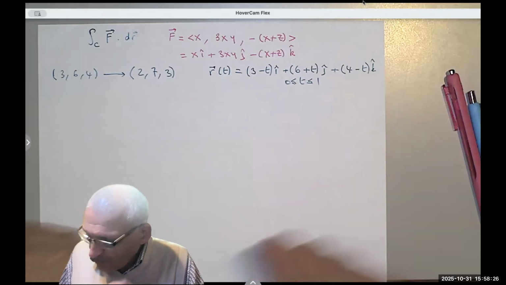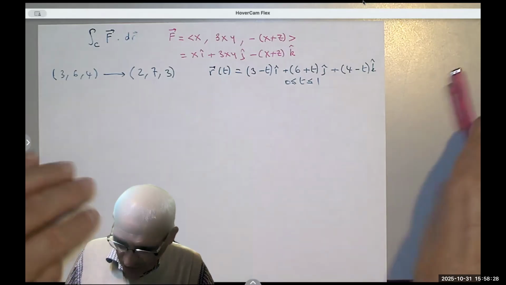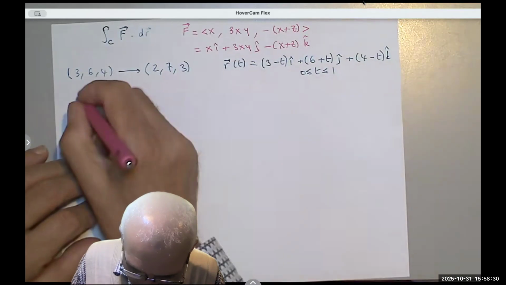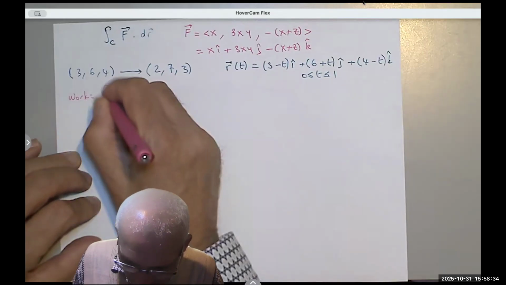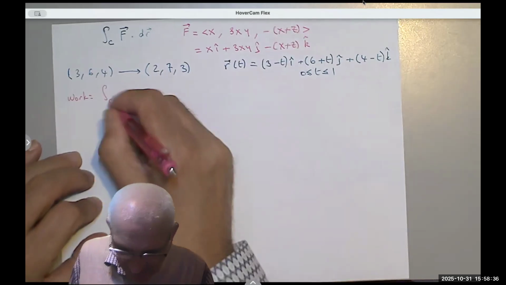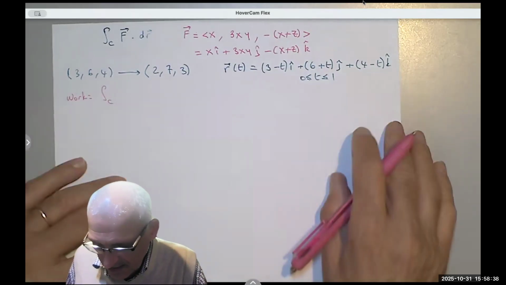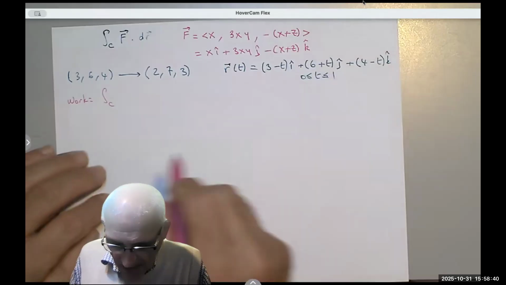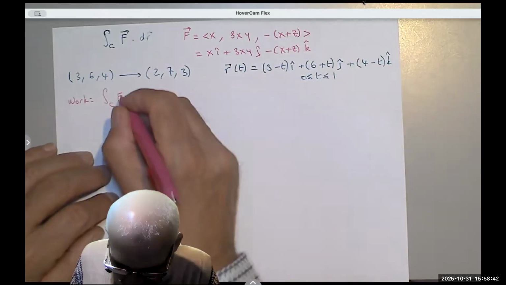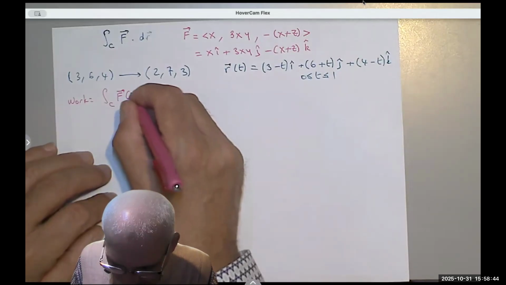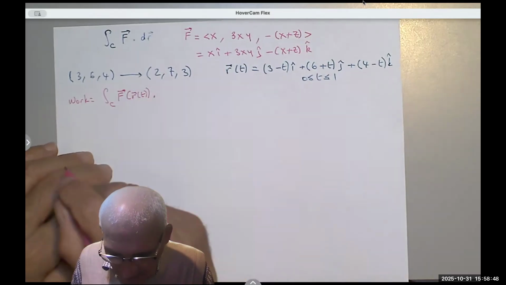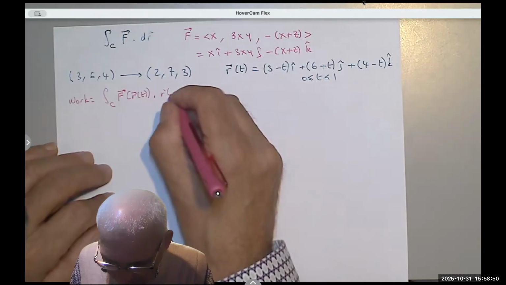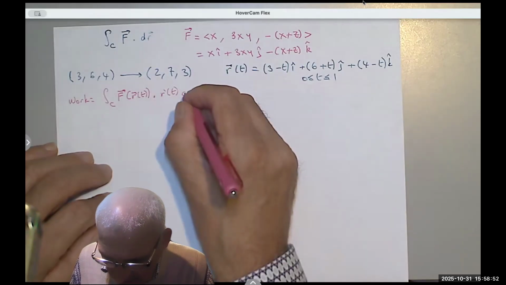Okay. So what we are going to do here, we want to do an integral. So the work would equal the integral from some values. It's a linear line integral. I'm going to find f in terms of r of t dot r prime of t dt.